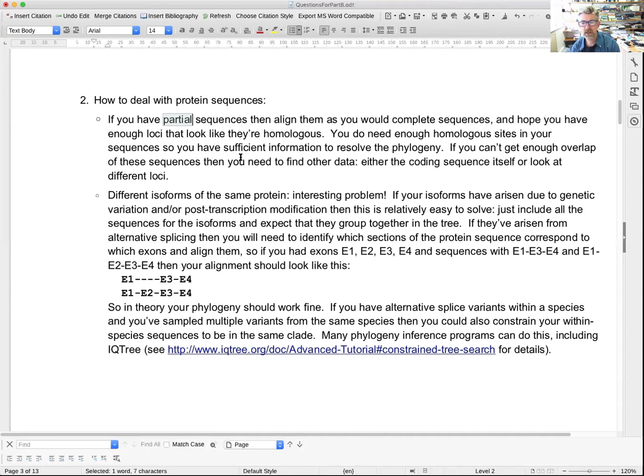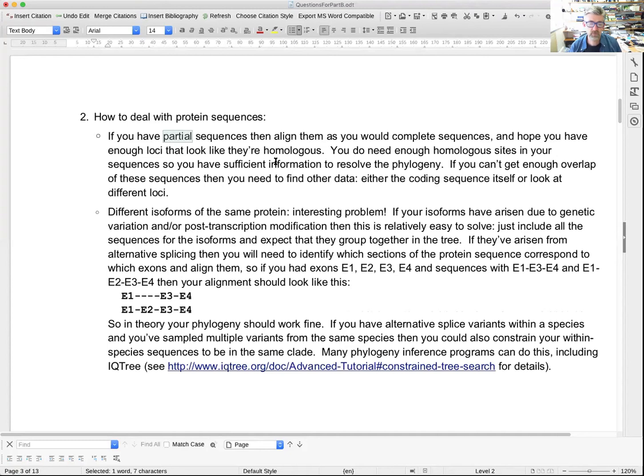But if you don't get enough overlap of those sequences, if you're missing a lot of sequence information across your taxon set, then you need to find some more data, basically. Maybe look at the coding sequence itself, the DNA, or you can look at some other loci. Maybe even look at morphology or something else to resolve that, because you simply don't have enough data.